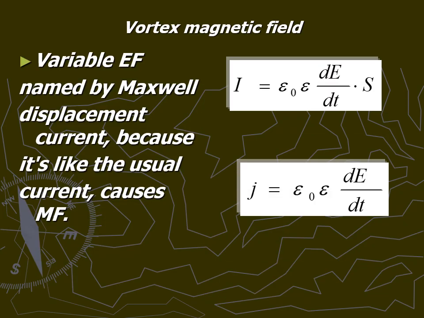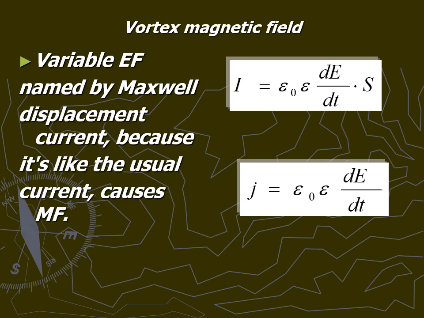The next one is the vortex magnetic field. Just as an alternating magnetic field leads to the appearance of an alternating electric field, which in this case is curved, that is, all the lines of force are closed, the same alternating electric field leads to the appearance of an alternating magnetic field, because the electric field is a source of an alternating magnetic field.